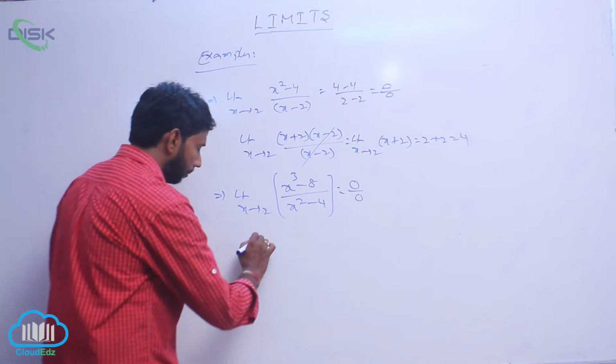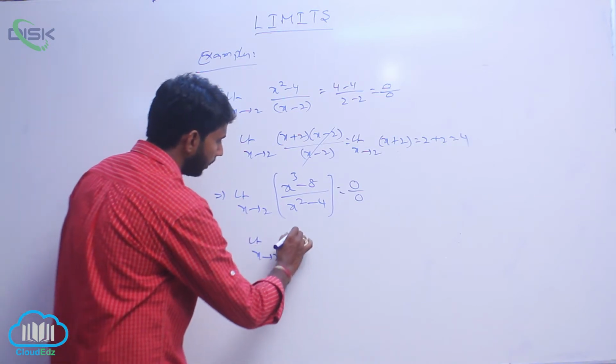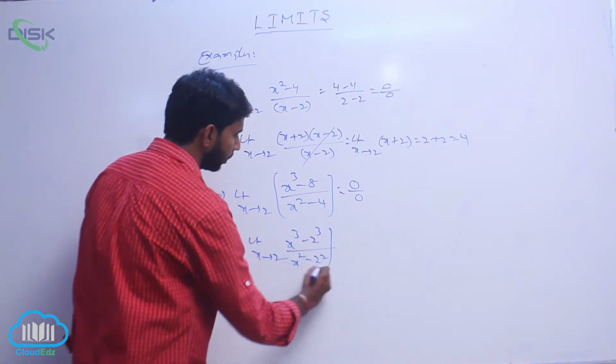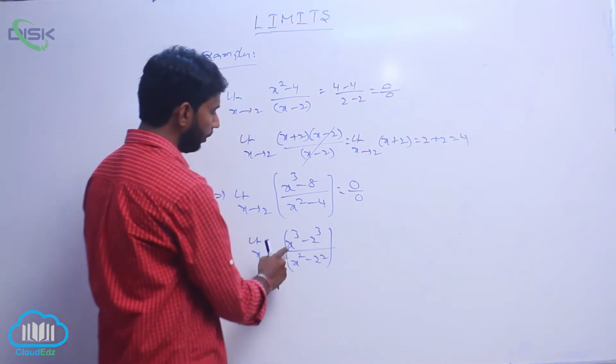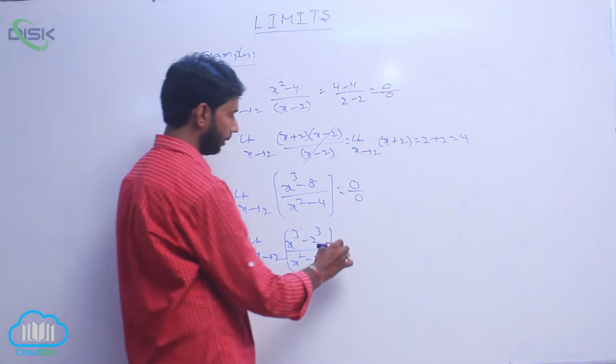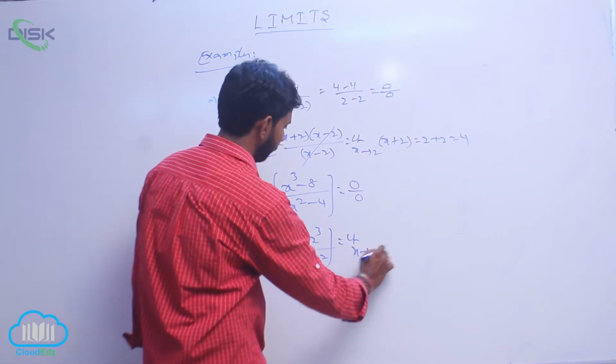Split into factors. The numerator can be written as x cube minus 2 cube, and the denominator x square minus 2 square. The numerator is of the form a cube minus b cube, and the denominator is of the form a square minus b square. That is the limit x tends to 2.